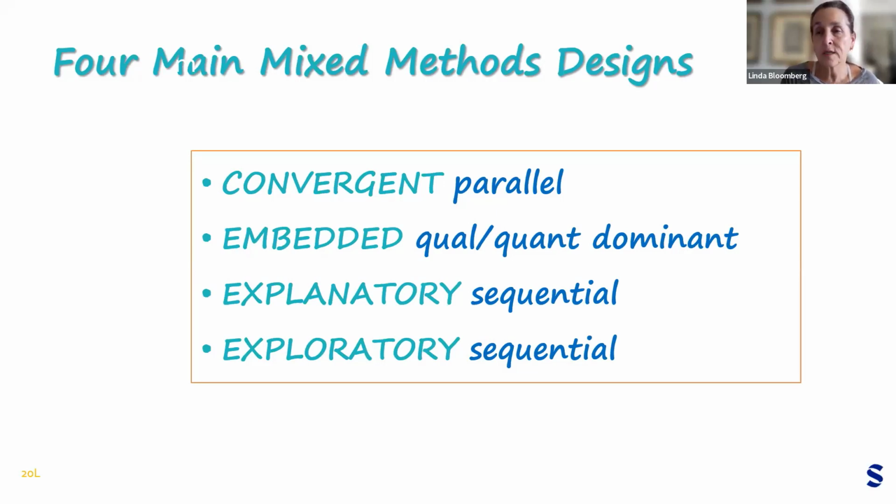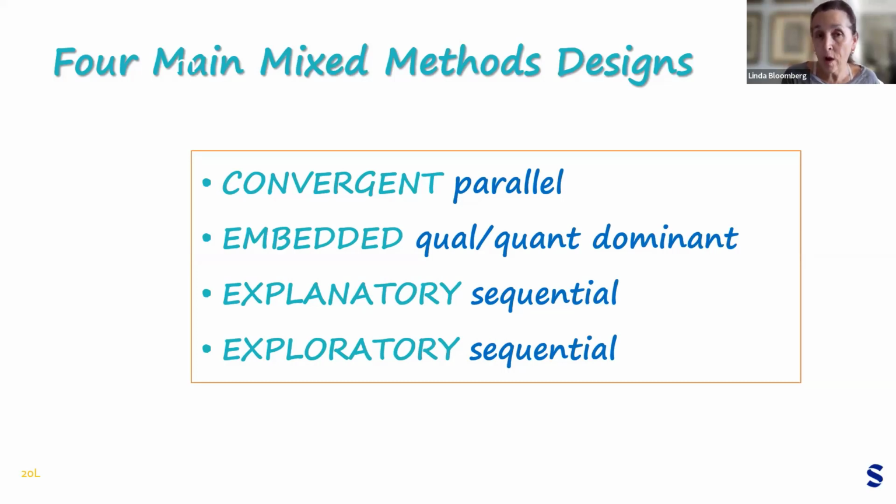And in quantitative research, there's experimental, quasi-experimental, convergent, etc. But in mixed methods, there are four main designs. This is something that a lot of people are not fully aware of, and that's why I thought today's presentation was really useful in laying out what these four designs require if one is doing a mixed method study.